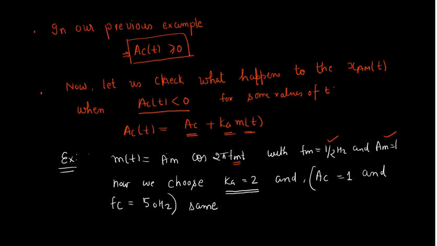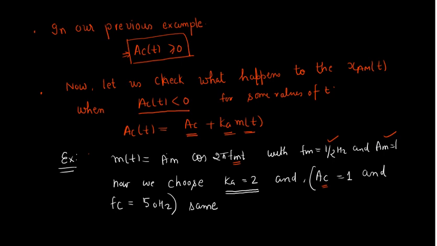But now we increase the amplitude sensitivity to 2, and we take the same carrier amplitude as 1 and carrier frequency as 50 Hz as we took for our previous example. So now let us see for this scenario how our amplitude modulated waveform will look like.